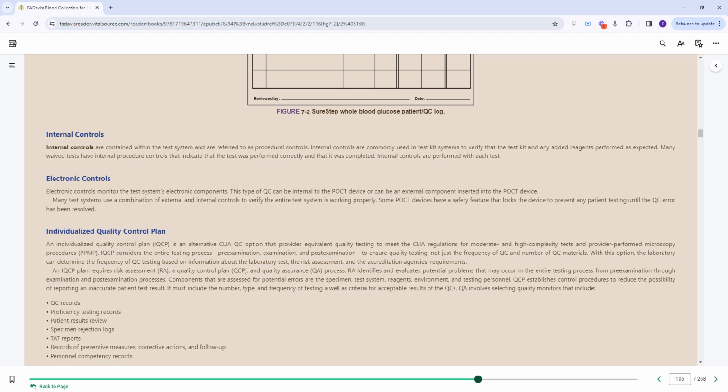In test kit systems, you add reagents to the device, and it tells you yes, everything is working well, or no, it's not. Internal controls need to be done with each test, to ensure that the test is working before you actually test the patient's specimen.